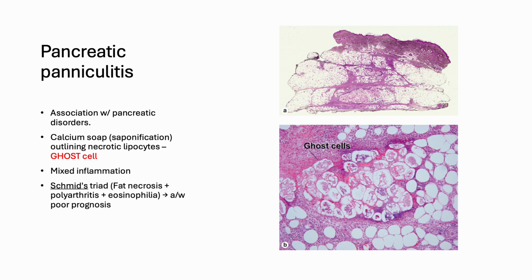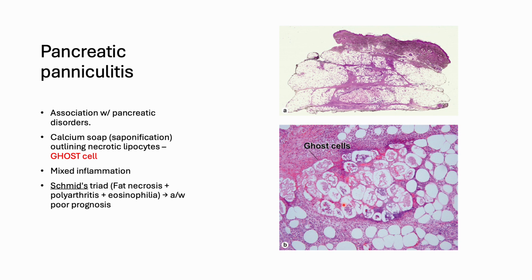The physiology of this disorder basically is that the lipase and the amylase from the pancreatic gland are pushed into the bloodstream, and in the fat lobules they cause hydrolysis, and the hydrolysis causes the necrosis of the fat lobules and forms those calcium soaps, or another term is saponification.